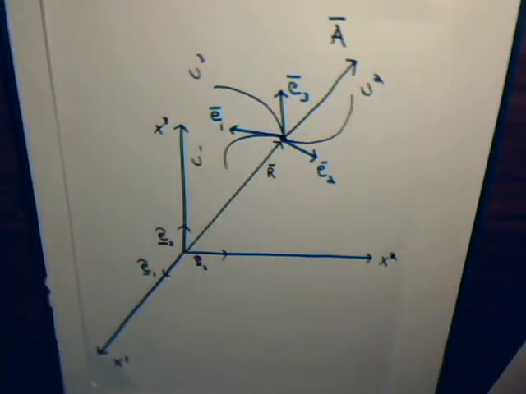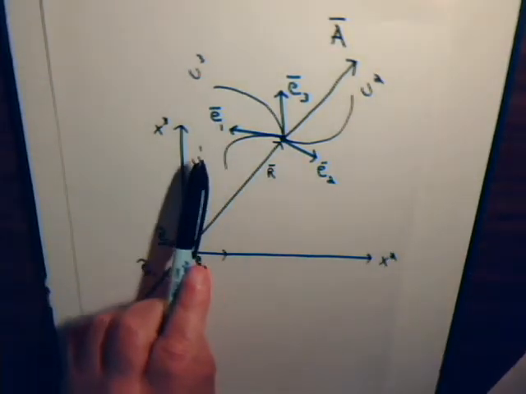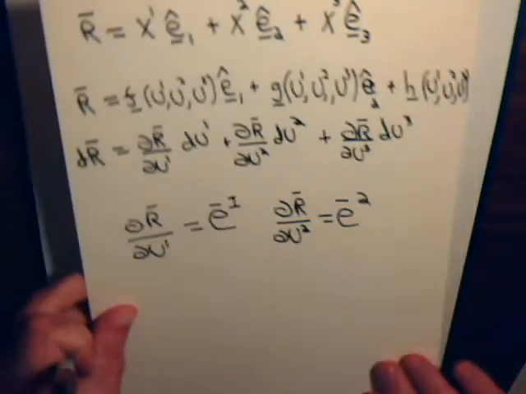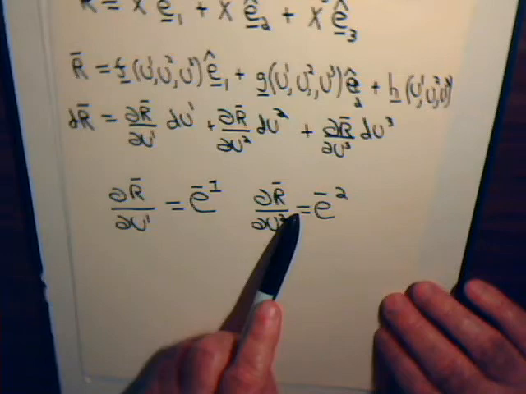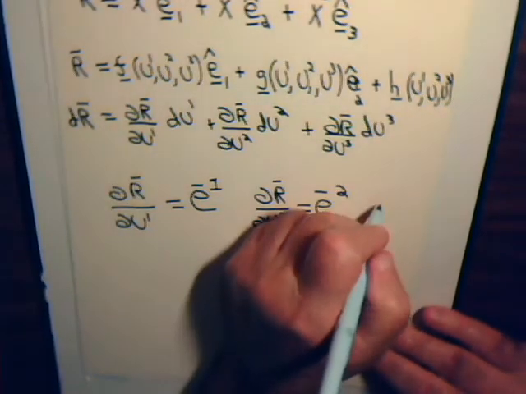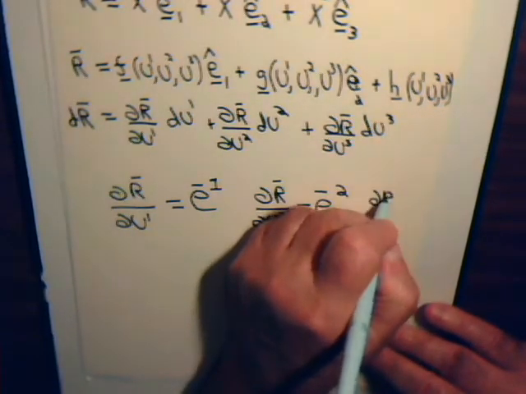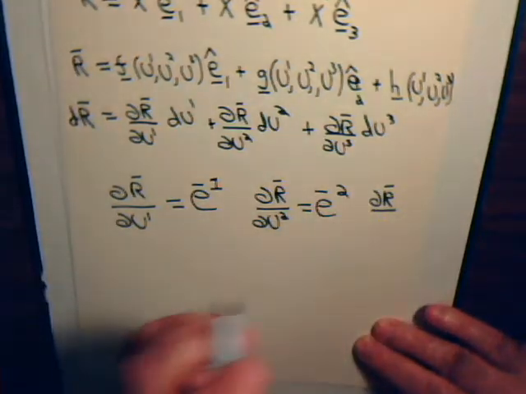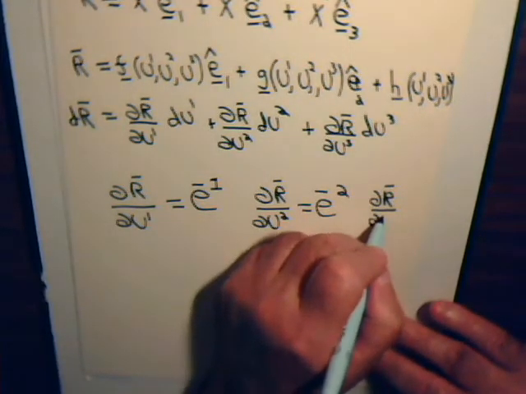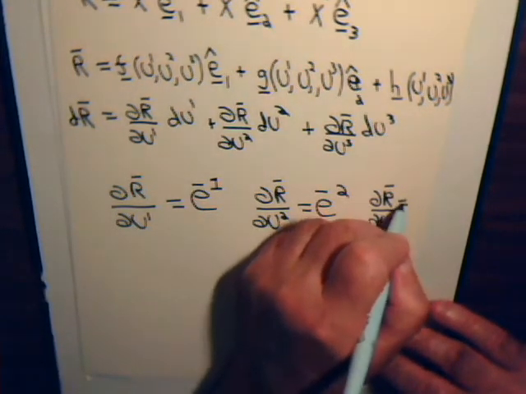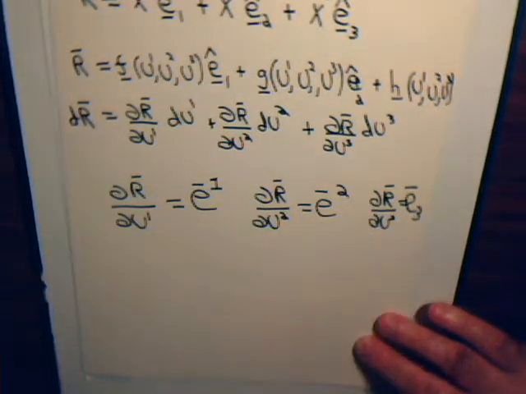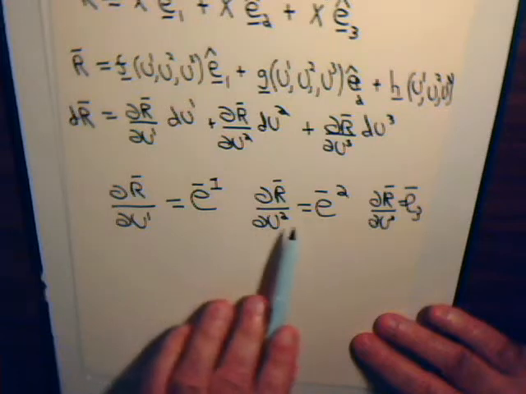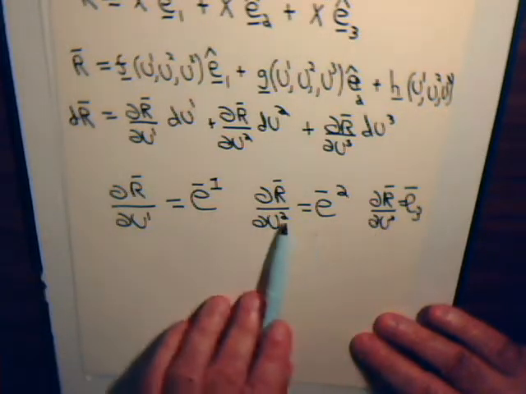Now, these partial derivatives that we took to get E1, E2, and likewise to get E3, these are tangent vectors, but they're not unit vectors.